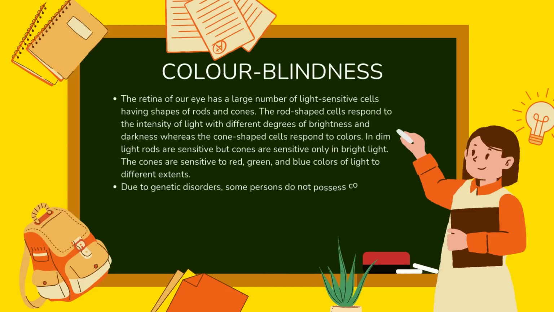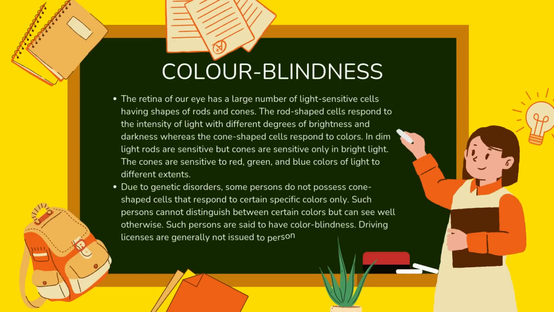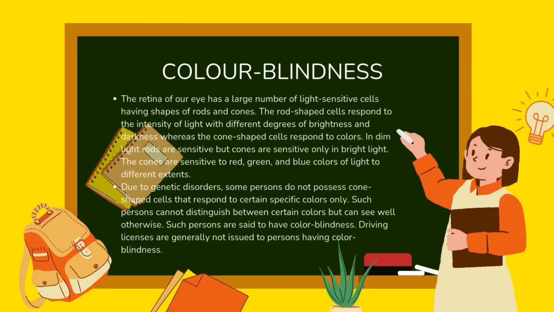Due to genetic disorders, some persons do not possess cone-shaped cells that respond to certain specific colors only. Such persons cannot distinguish between certain colors but can see well otherwise. Such persons are said to have color blindness. Driving licenses are generally not issued to persons having color blindness.